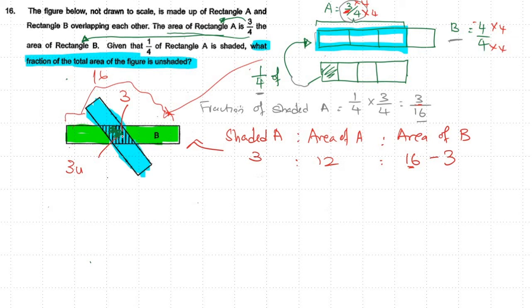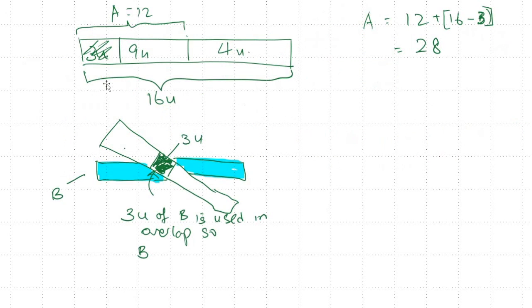So area of B, when it is added together with A to become this whole figure, is not total 16. Okay, let's put here. So I know that this whole thing is 16.